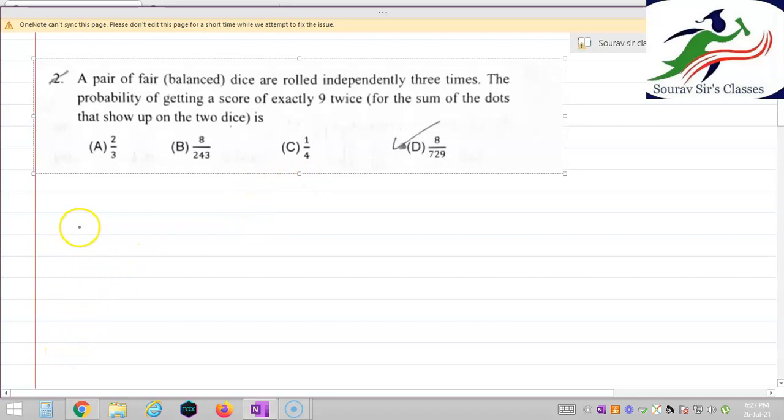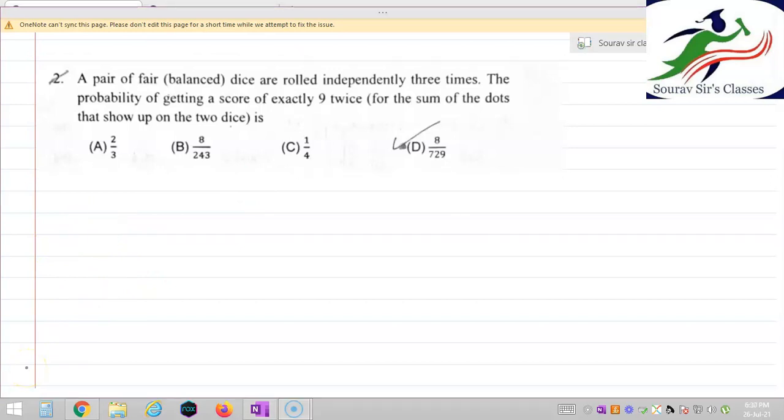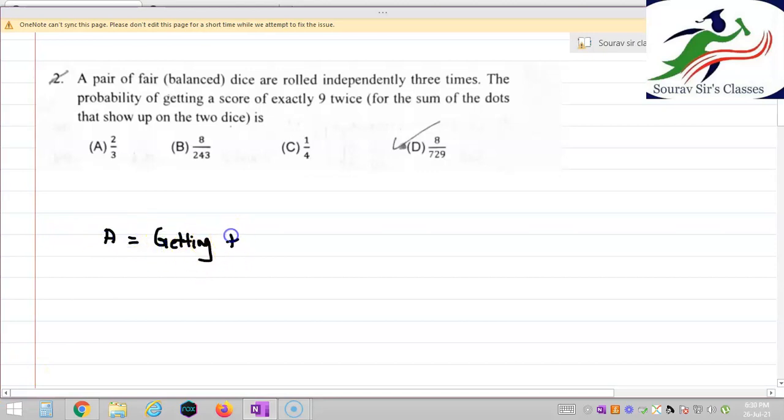So I am considering the event A as getting the sum 9. Now when you are throwing 2 dice, the total number of outcomes is 36.